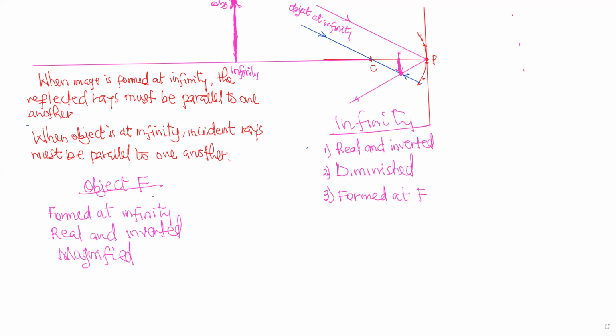Is there any question, class? So we've discussed every position. Note that the only time a concave mirror forms a virtual image is when the object is placed between the pole of the mirror and the principal focus.